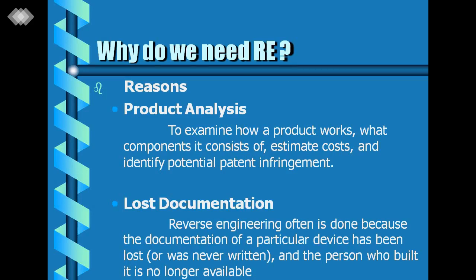Second, lost documentation. Reverse engineering is often done because the documentation of a particular device has been lost or was never written, and the person who built it is no longer available. Then we need reverse engineering. So here are the reasons: first is product analysis, second is lost documentation.